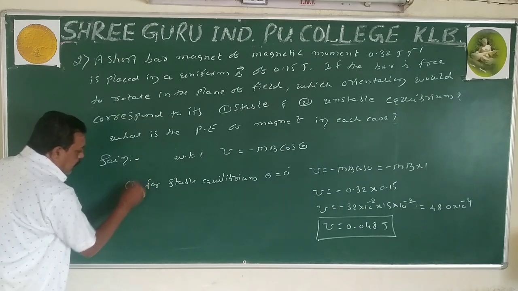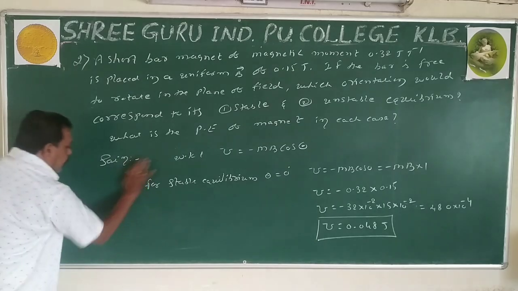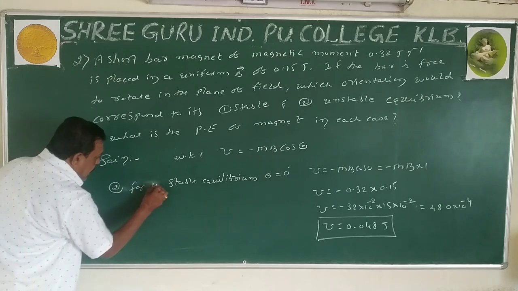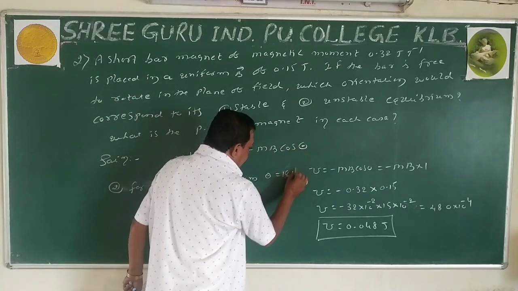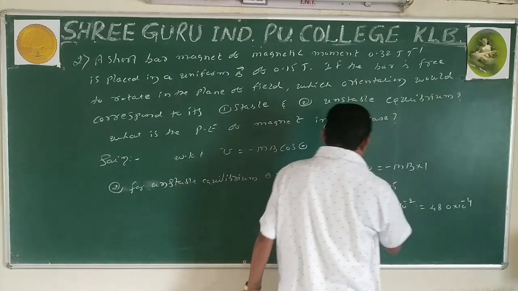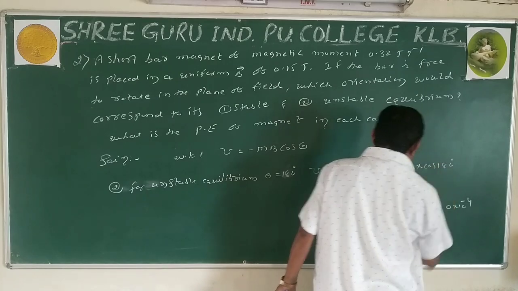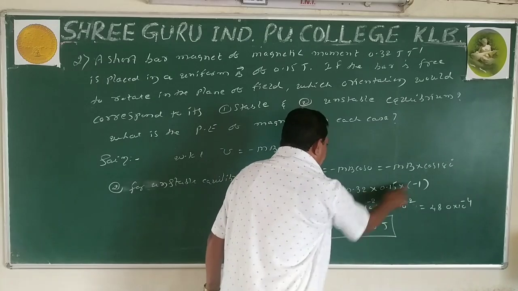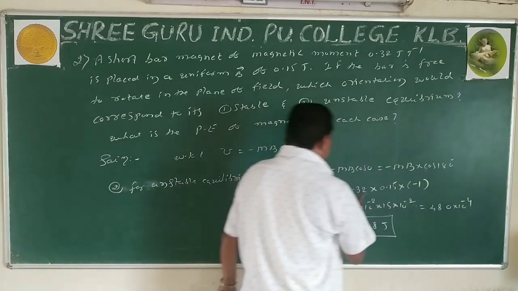For the second one, for unstable equilibrium, theta equals 180 degree, so cos 180 degree is nothing but minus 1. Minus of minus is plus. Your answer should be, what was it here earlier?